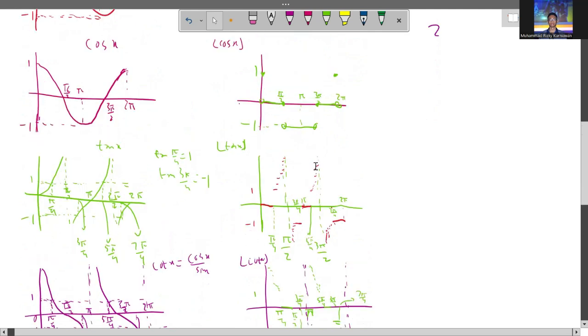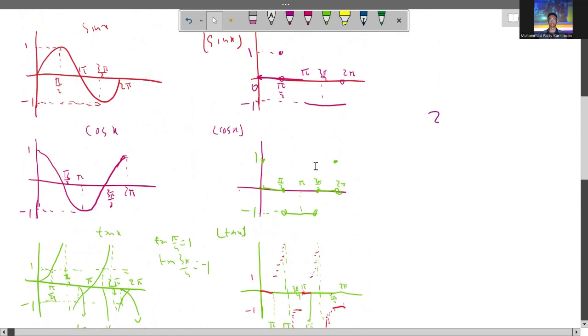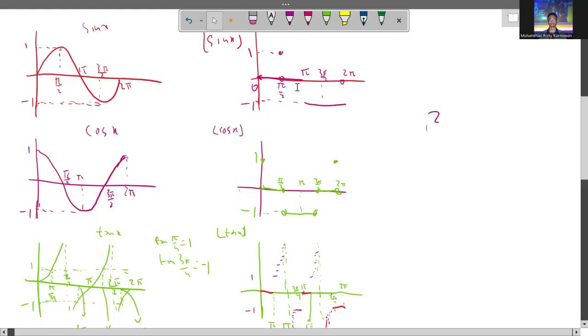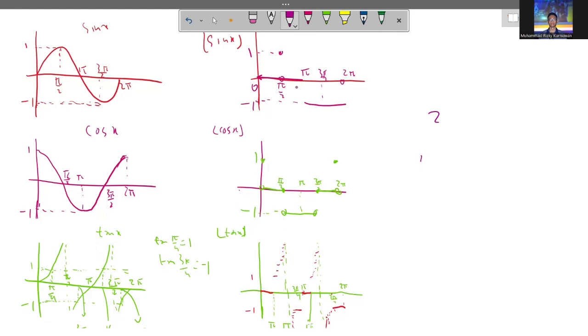So basically, when x is between pi/2 and 3/4, like this, the GIF of sine of x is 0.